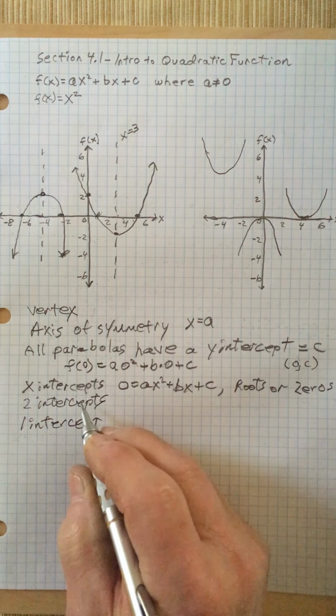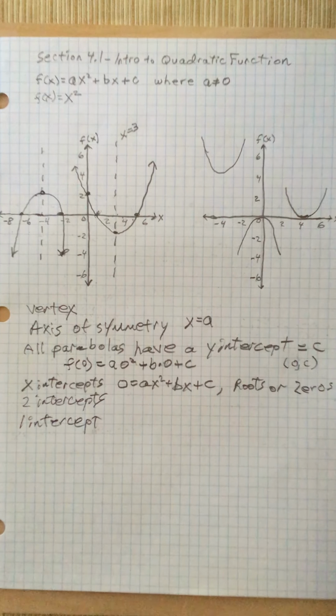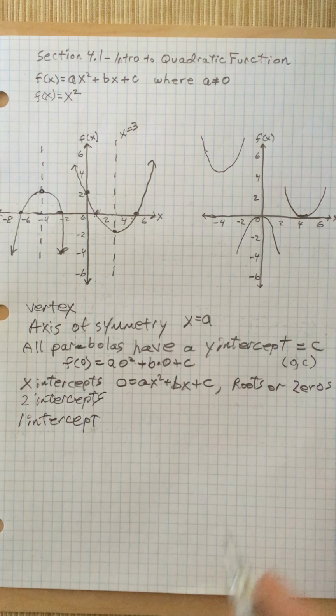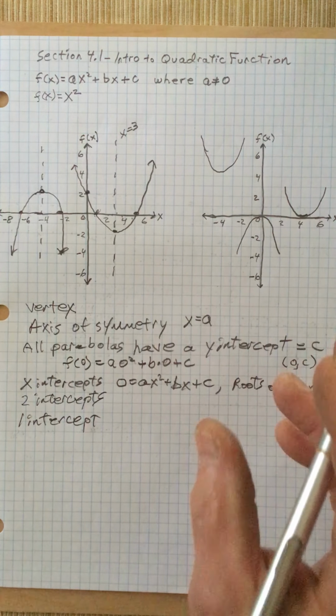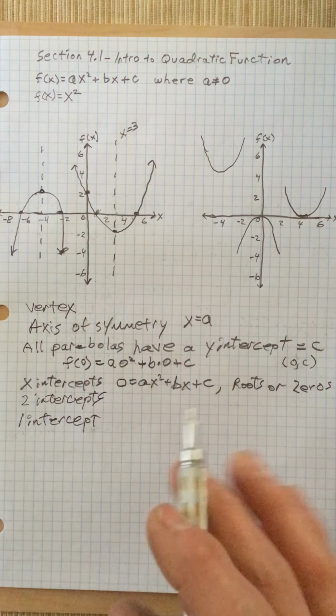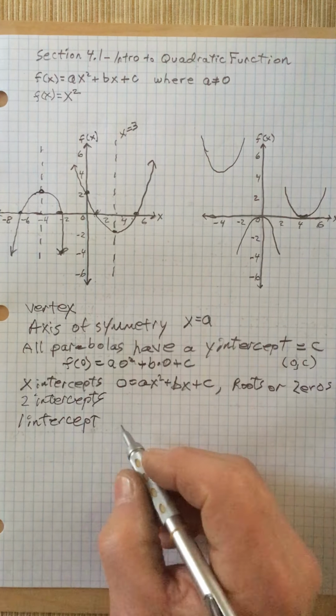Now, for two x-intercepts, you're going to do what we talked about above. You're going to have to use the quadratic formula or factor. But what about one x-intercept? That's easy. If the vertex is on the x-axis, then that's when you have one x-intercept.